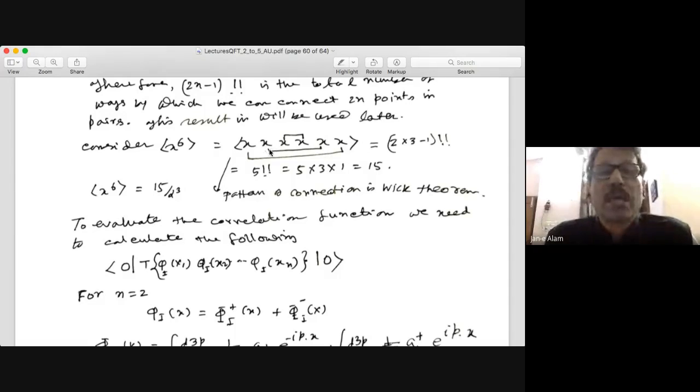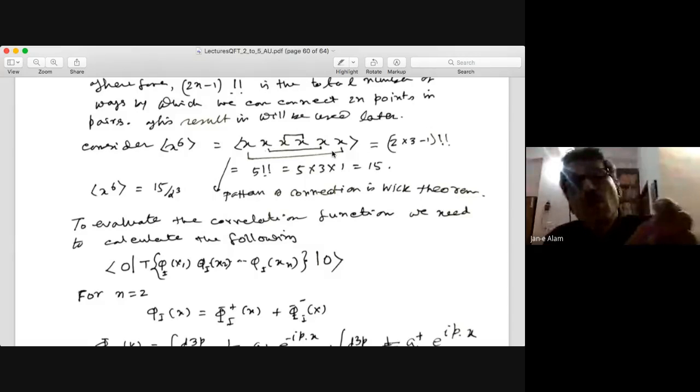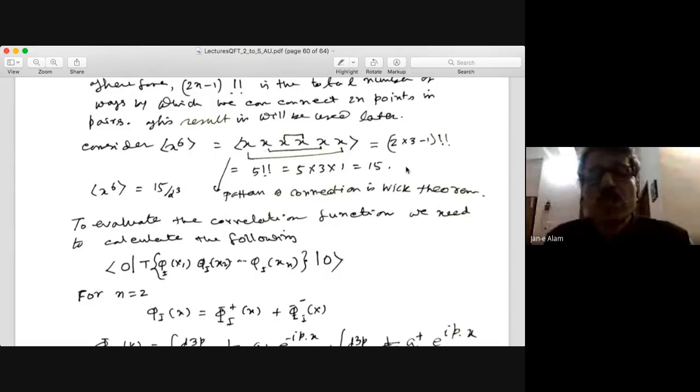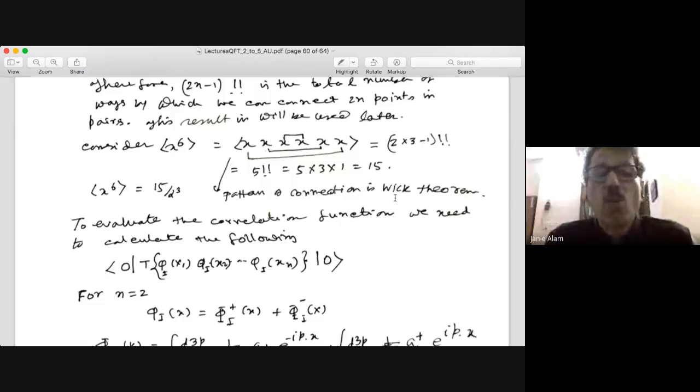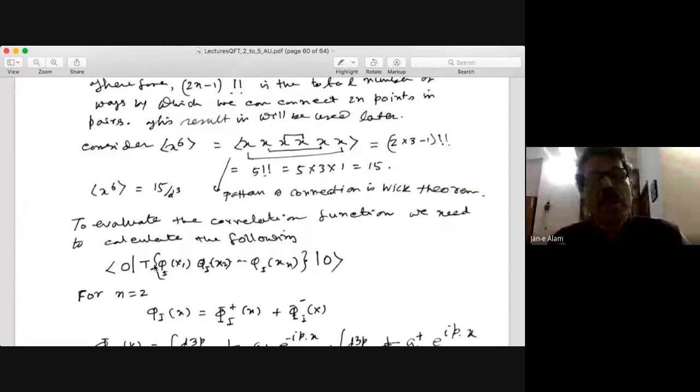This pattern, that when I calculate the correlation functions, is very similar to, or actually connected to, the Wick's theorem, which I will start tomorrow. As you see, I have the intention to get the time order product, and I just told you in my scattering matrix, what is appearing actually is the time order product of the operators.